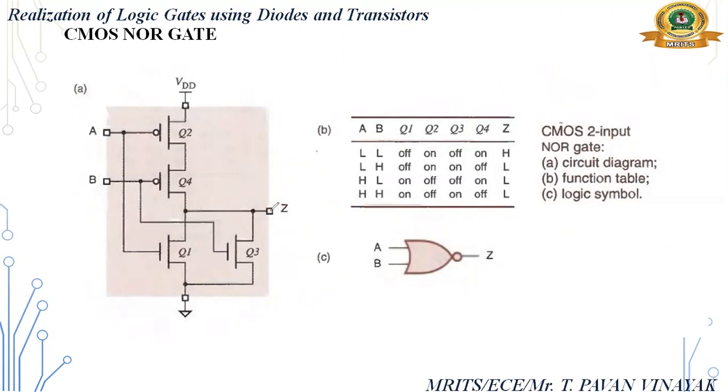This output is given to a CMOS inverter. Output is taken here. What is Z? Z is A plus B whole bar, for that we perform complement. So output is A plus B. This one is given to VDD, this one to ground. This is the OR gate.